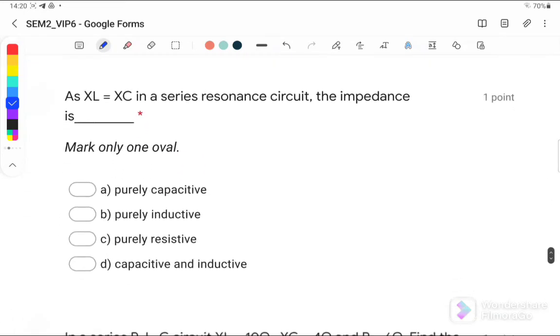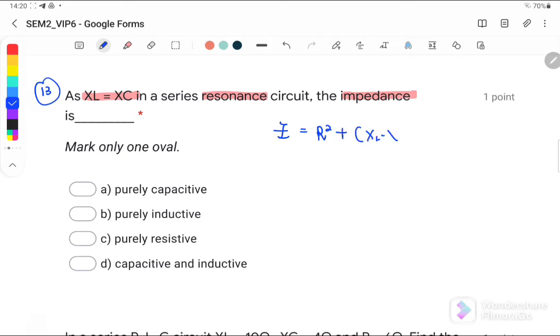Next question is question number 13. As XL is equal to XC at resonance, the impedance is, from the equation, Z equals the square root of R squared plus (XL minus XC) squared.